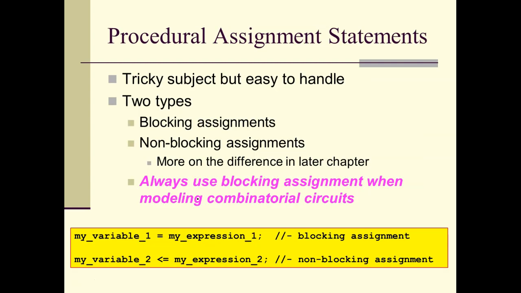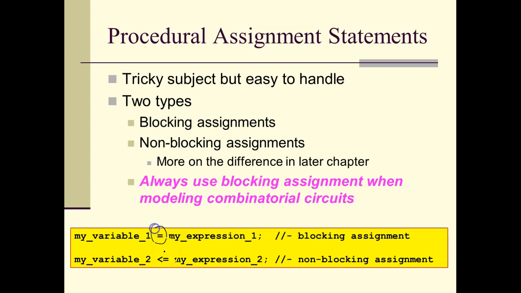So lastly here, there are procedural assignment statements, which we put inside always blocks, and there are two types. There are blocking assignments and non-blocking assignments. So this is actually kind of tricky. It's really a deep subject. We're going to talk more about this later. For us, it's pretty easy to follow because we're modeling a combinatorial circuit, so we are always going to use blocking statements.